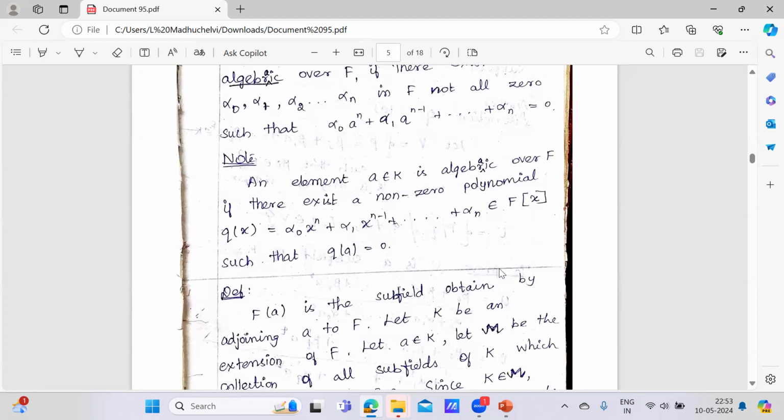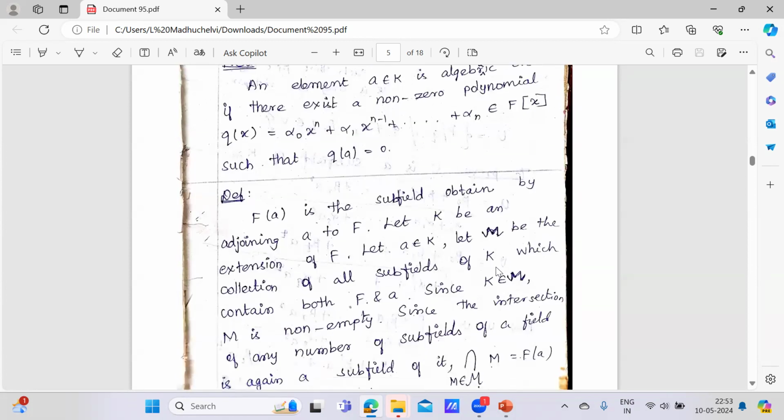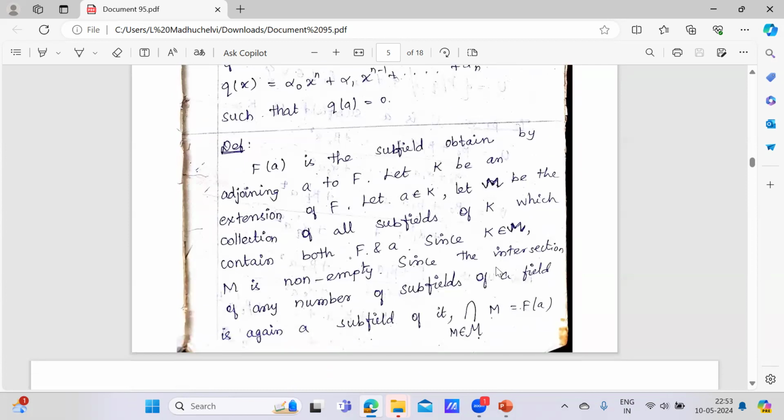Equivalently, an element a belongs to K is algebraic over F if there exists a non-zero polynomial q of x equal to alpha naught x power n plus alpha 1 x power n minus 1 plus etc. plus alpha n belongs to F of x such that q of a equal to 0.